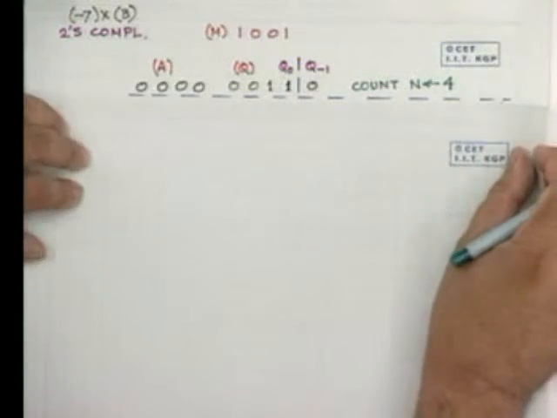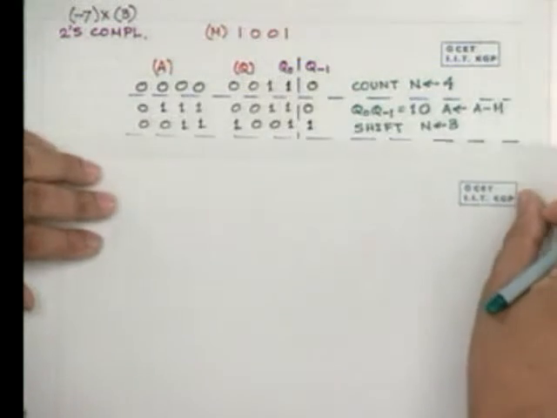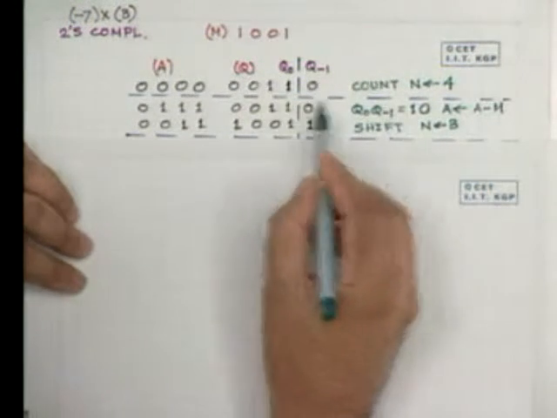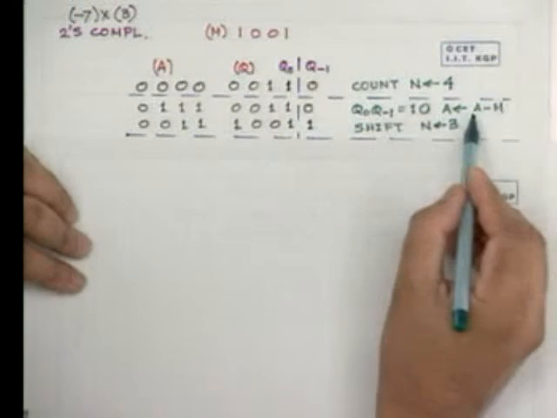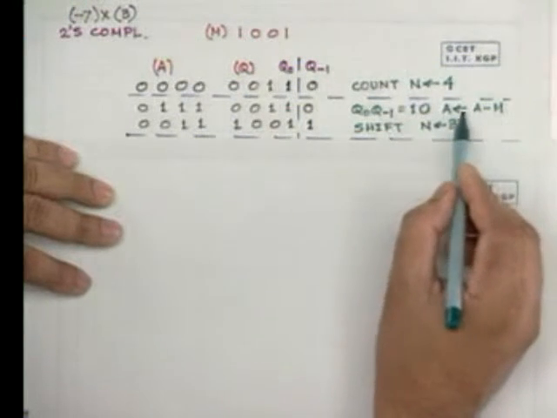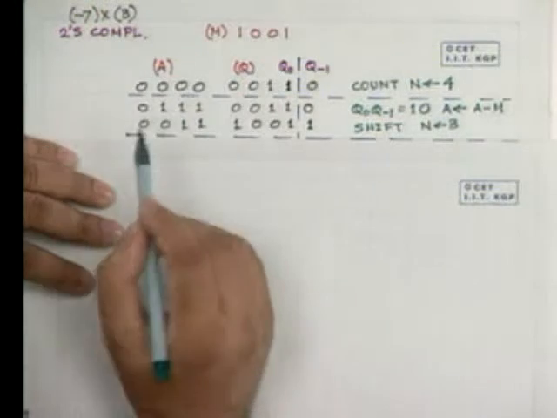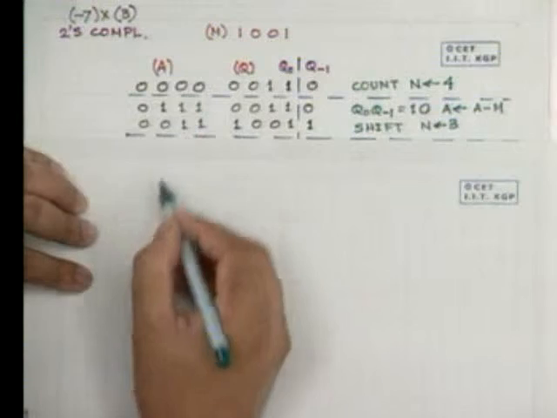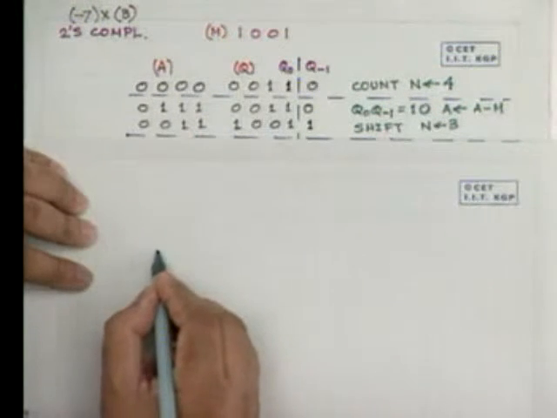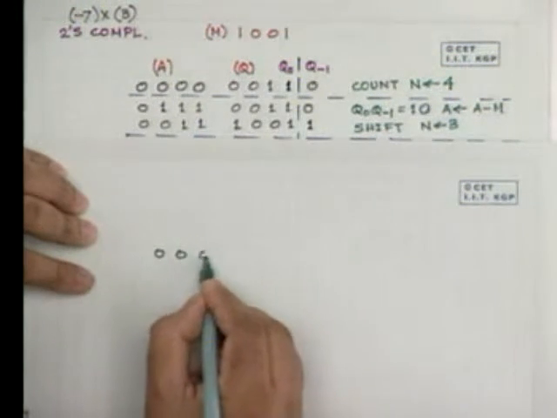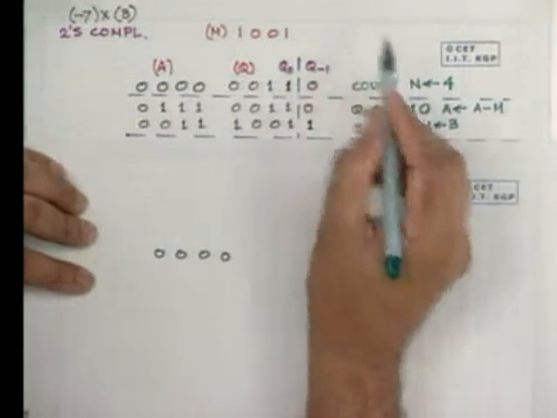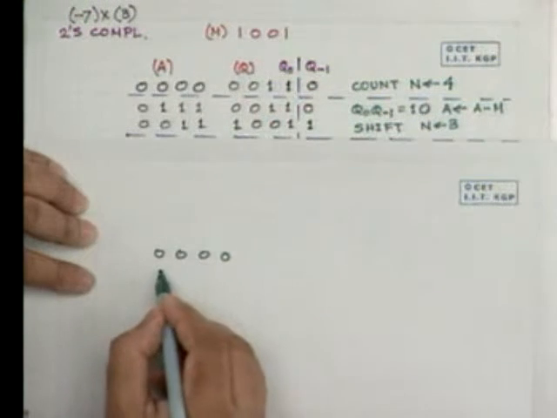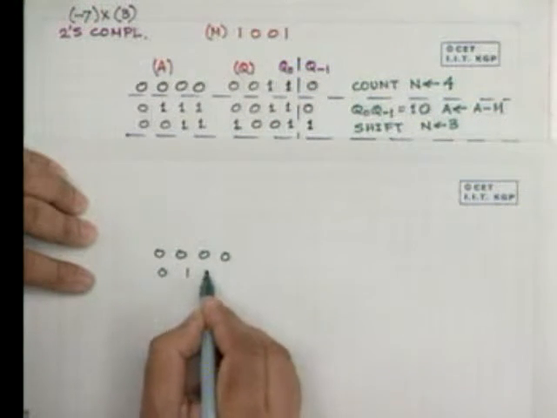Now we test the Q0 and Q minus 1 bit. Since this is 1 0, we perform A minus M going to A. We take 0 0 0 0, and minus M will be, let's find the 2's complement of this, that means it will be 0 1 1 1.